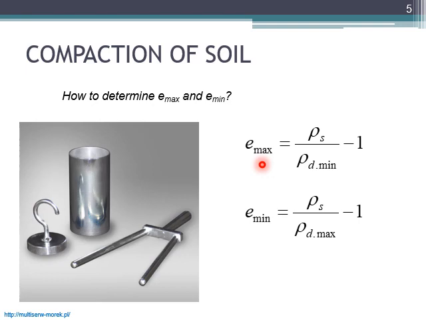But to obtain the densest state, in many standards, it is required to put the cylinder filled with the soil on a vibrating table, and this vibrating table then is applying the vibrations that compact the soil. And this method probably is much more effective than this manual method that was described in the old Polish standard.